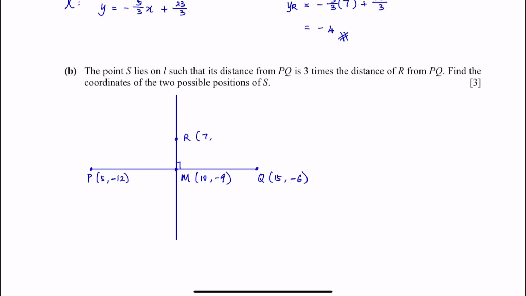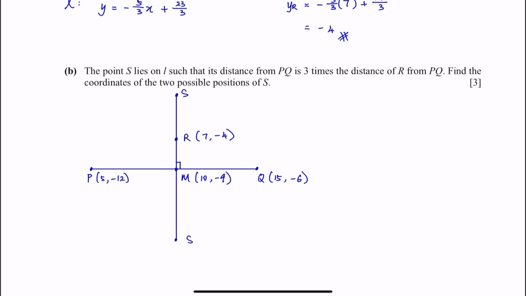So the distance of R from PQ is simply the distance RM, because the shortest distance of a point to a line is just the perpendicular distance from the point to the line. So distance R from PQ is just distance RM, and S can either be here or here.